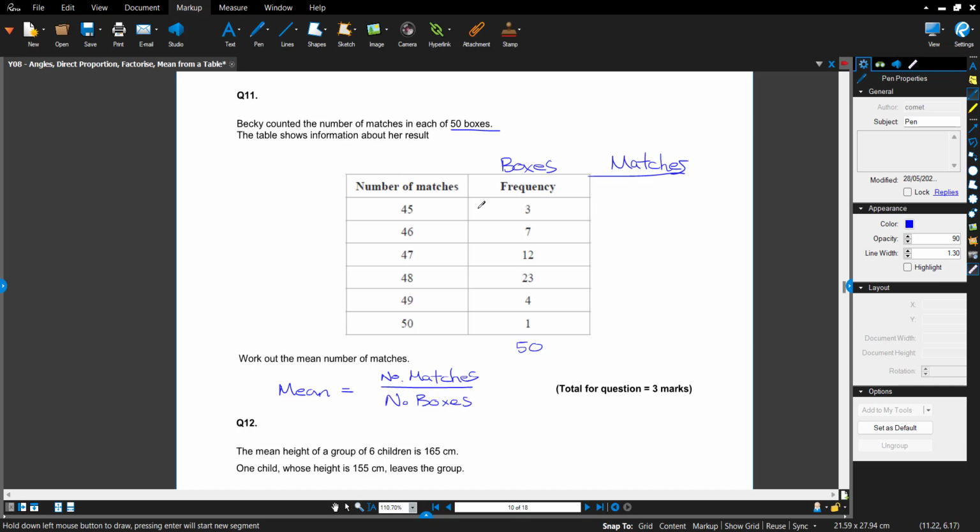It's going to be 3 times 45, because 3 boxes have 45 matches, that's 135. 7 times 46 is 322. 12 times 47, so that's 470 plus 94, which is 564.